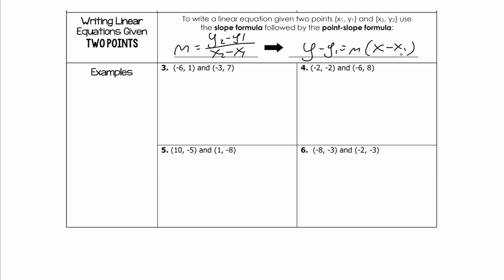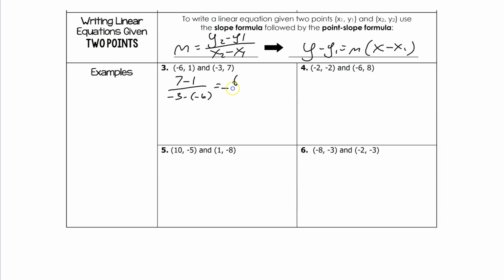We have the points (-6, 1) and (-3, 7). What we have to do is find the slope, because we have points for the point-slope formula, but we're missing the slope. So to find that, we use the slope formula: 7 minus 1 over -3 minus -6.